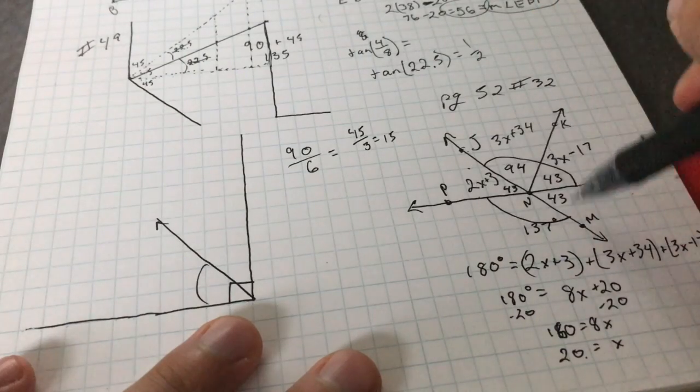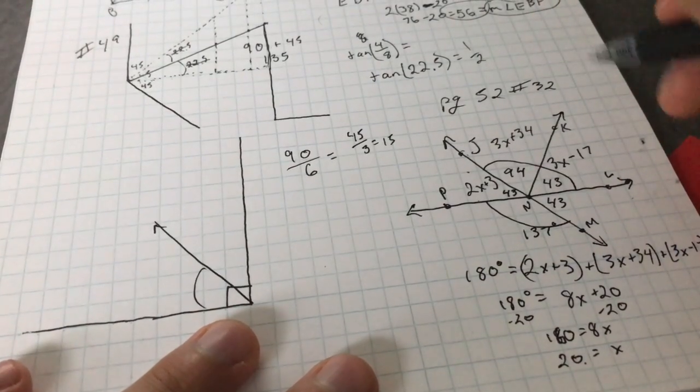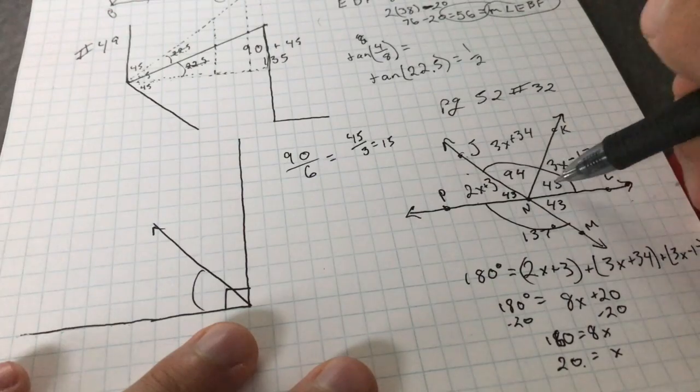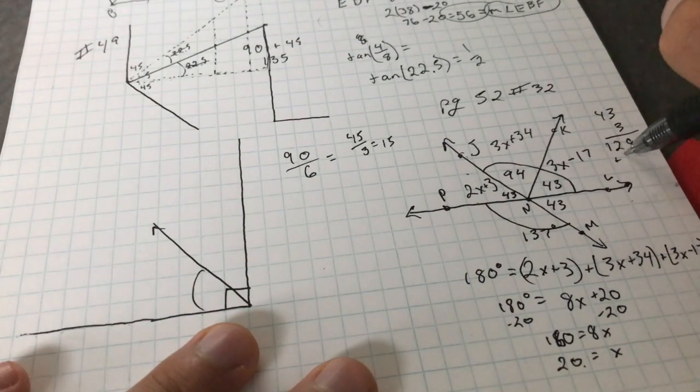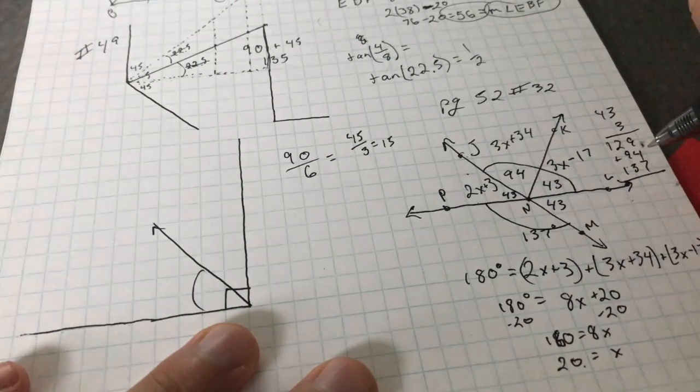Let's double check. Let's just make sure that all adds up to 360. So I got 1, 2, 3 times 43. 9, 12 plus 94 plus 137. So we get 9 plus 4 is 13.